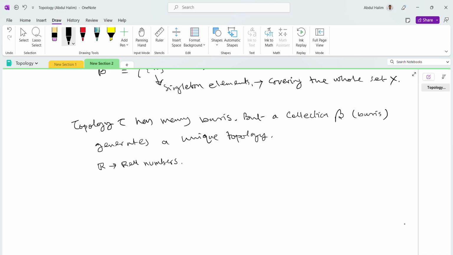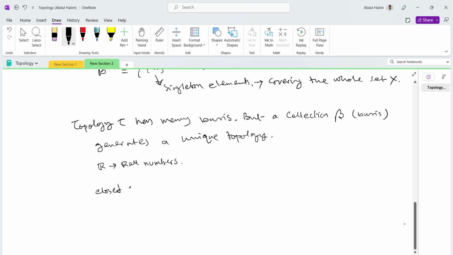In such cases it is the application, but some topologies have a base of open sets with specific useful properties, and we will learn it after a few discussions.